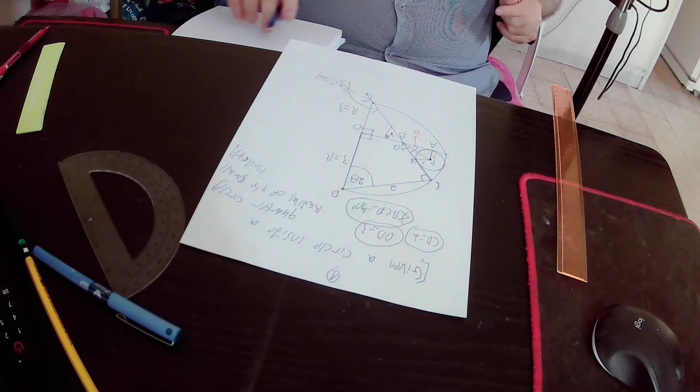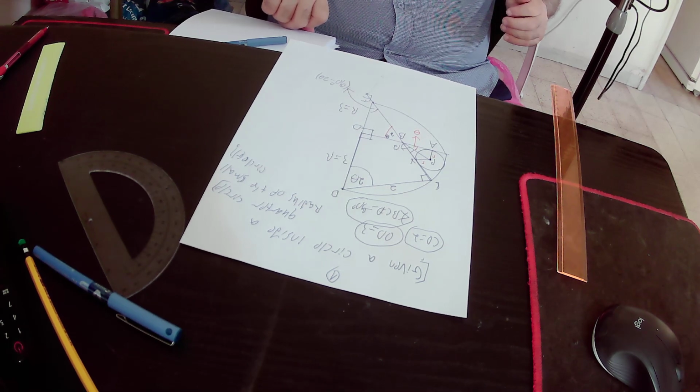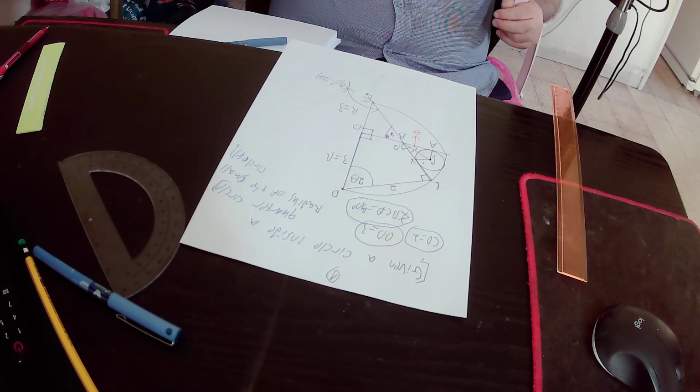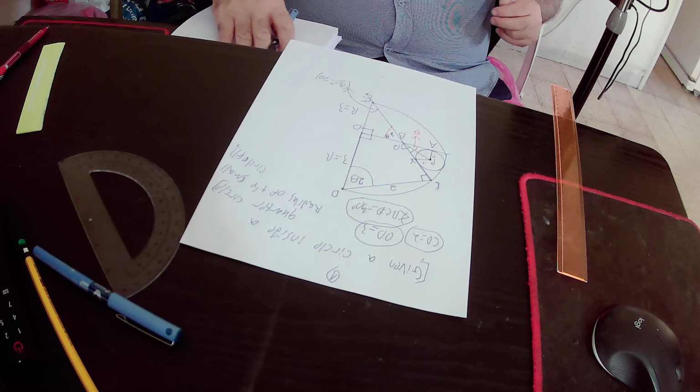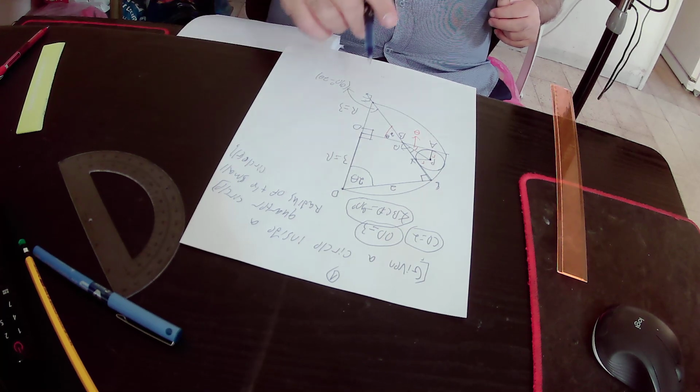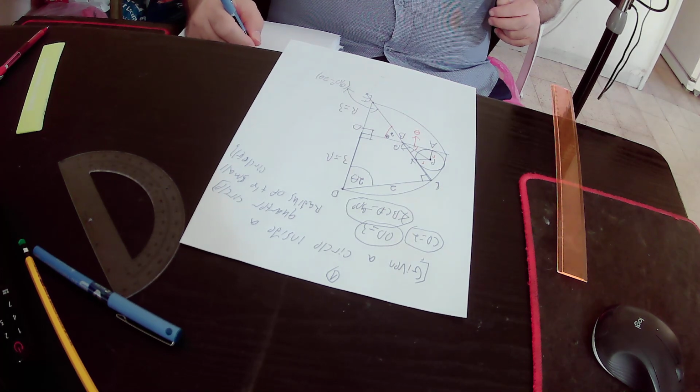Okay, and we know that triangle EDC is a right triangle, so we can implement the Pythagoras theorem in the right triangle EDC.